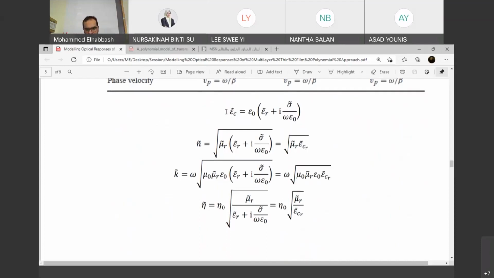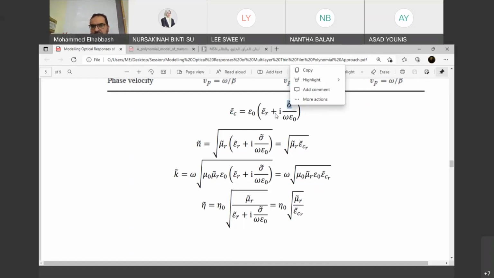Here, the permittivity in general and the refractive index, here the wave vector, and this is the intrinsic impedance. For example, I want to start with this. If we have a permittivity with lossless material, then there is no conductivity.